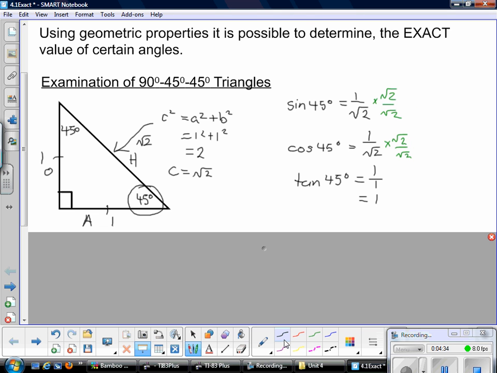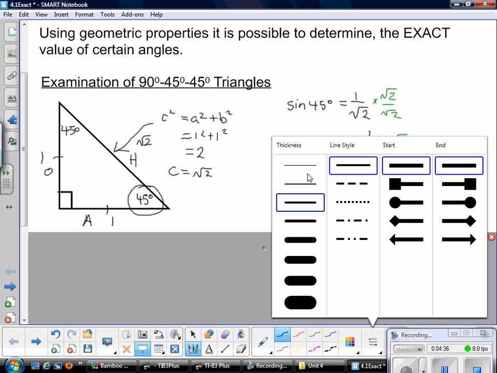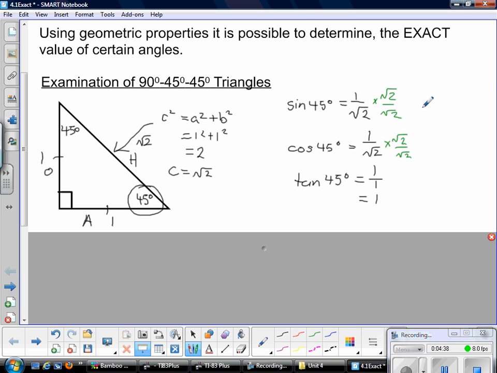Well, that's the number 2. So that's what we end up having. That sine of 45 really is root 2 over 2. So these are the exact values for sine of 45, cos of 45, and tan of 45.